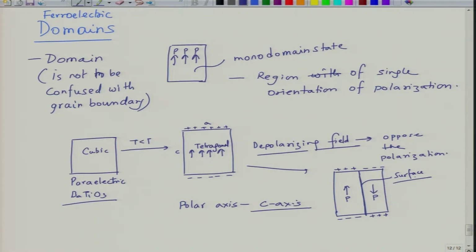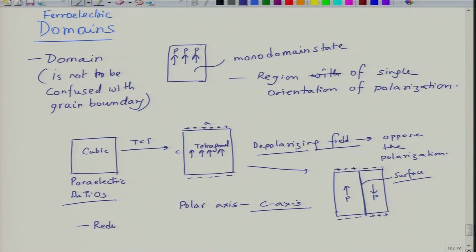Extra surfaces always cost energy. So it is a competition between the depolarizing energy, that is, the reduction in electrostatic energy due to the depolarizing field, which has to compete with the surface energy. On one hand we are going to reduce electrostatic energy by having a depolarizing field, which will prevent charge buildup.